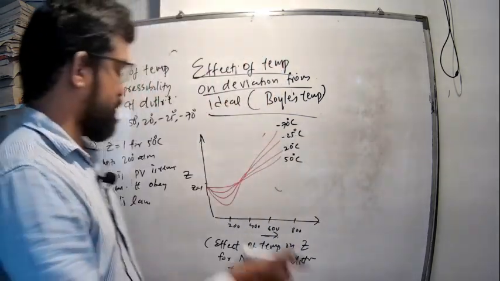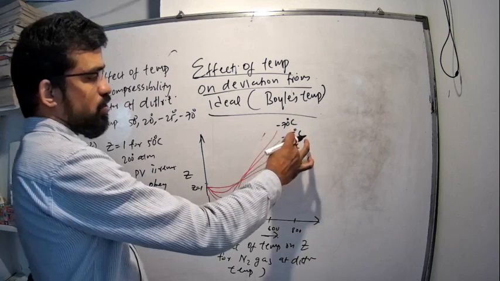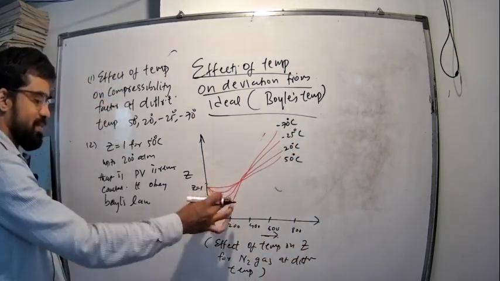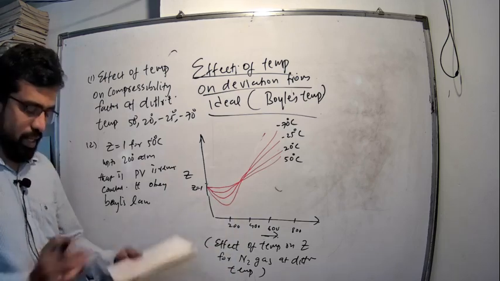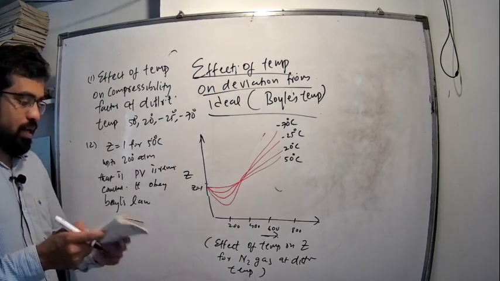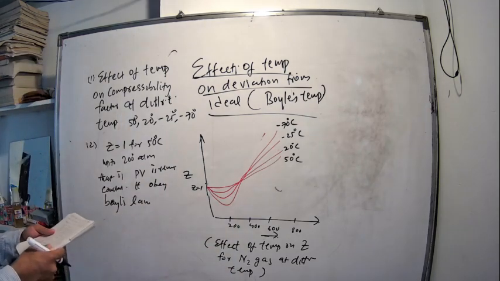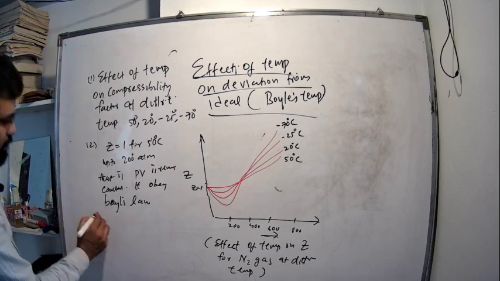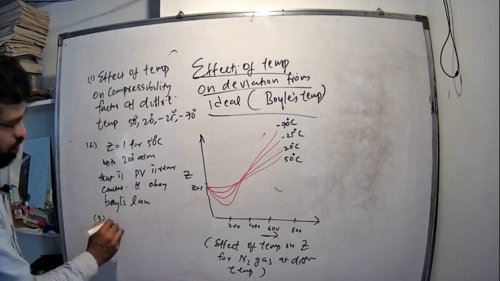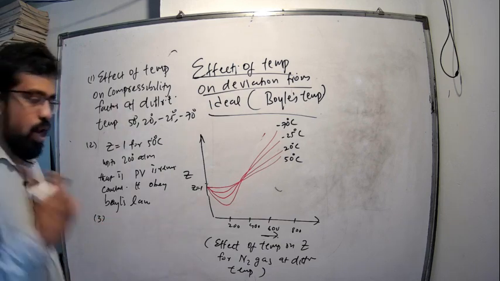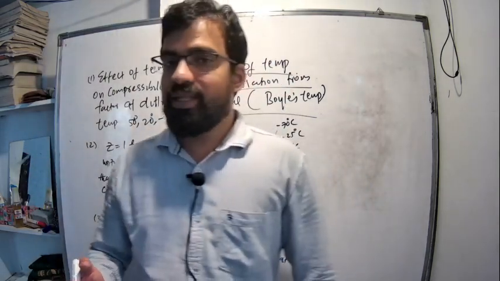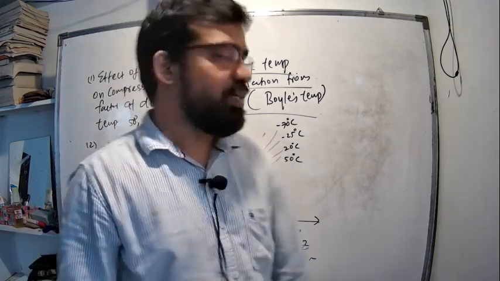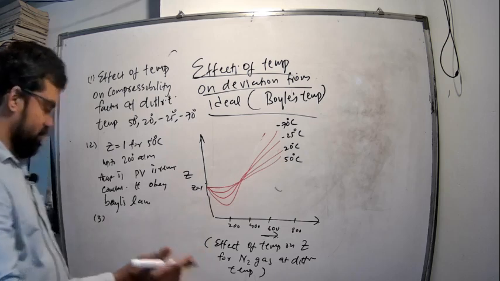But 20 degree, minus 25 degree and minus 70 degree do not obey it even in this range. Boyle's law is obeyed in an appreciable change of pressure at 50 degree.